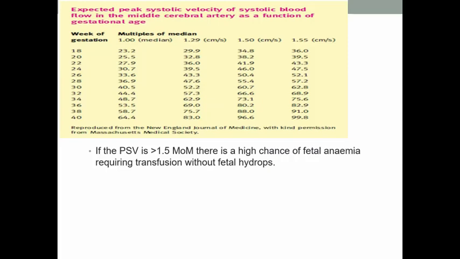You do a Doppler and you press the PSV, it will tell you 1.3, 1.5, 1.7, whatever. So if it is more than 1.5, there's a high chance that the baby has fetal anemia. So that is called non-invasive checking of fetal anemia.